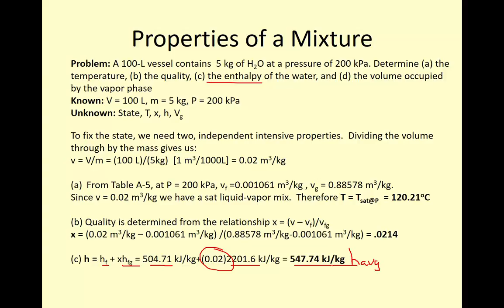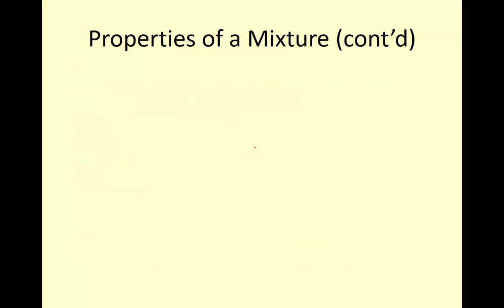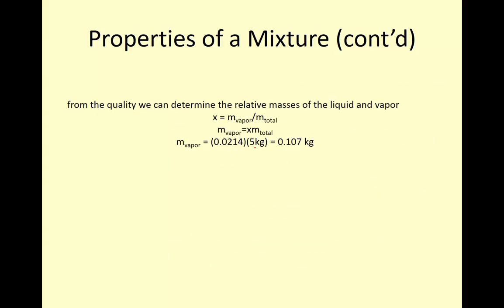Okay, so now we want to figure out the volume that's occupied by just the vapor phase. So we know the total volume of the container is 100 liters, but we want to determine how much of that is taken up by vapor, and then the rest we would assume would be taken up by the liquid state.